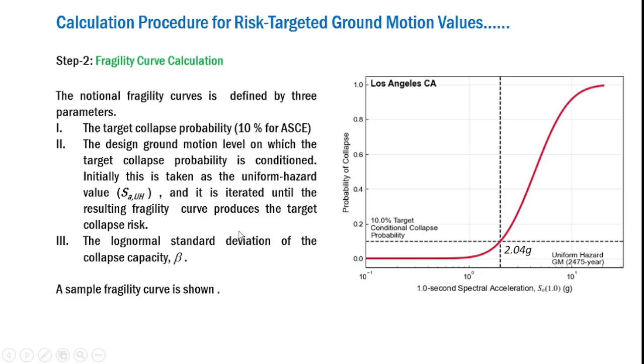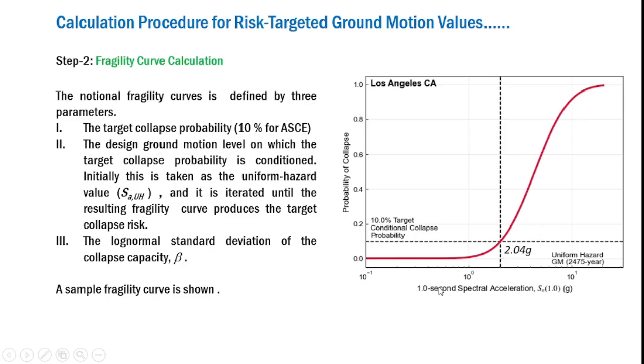Normally, this is taken as the uniform hazard value, and to start with, though we use a uniform hazard value, you need to perform a number of iterations till the fragility curve produces the target collapse risk. And the third one is the log normal standard deviation of the collapse capacity, beta, that is normally taken as 0.6. So for example, here is shown a standard fragility curve.